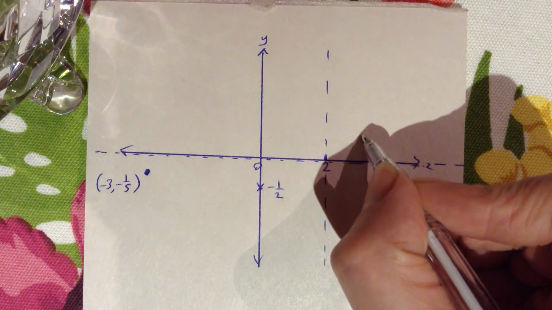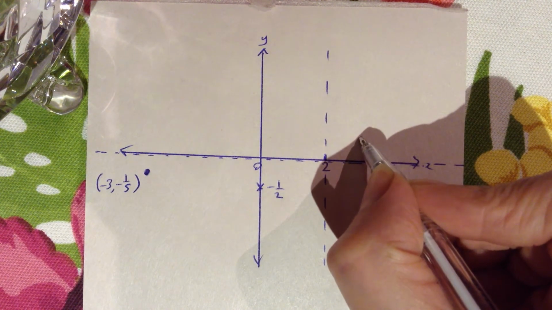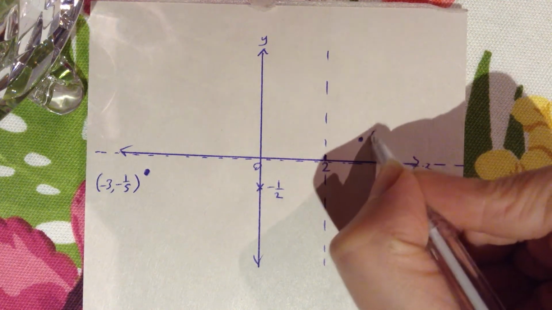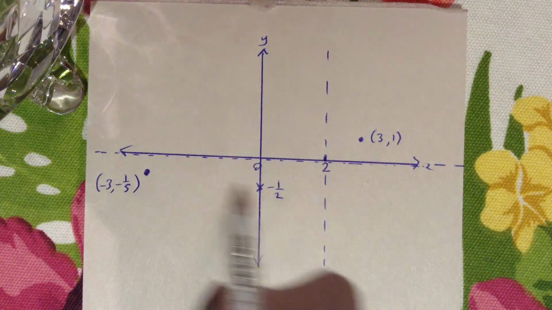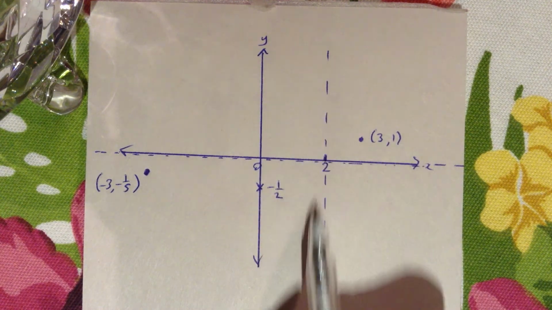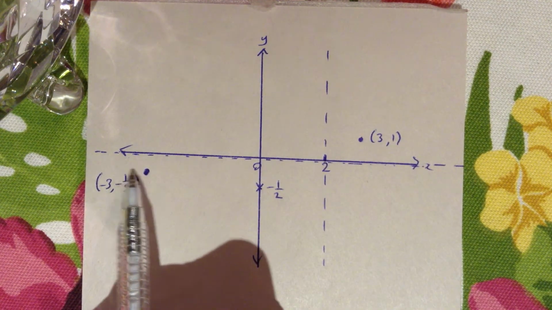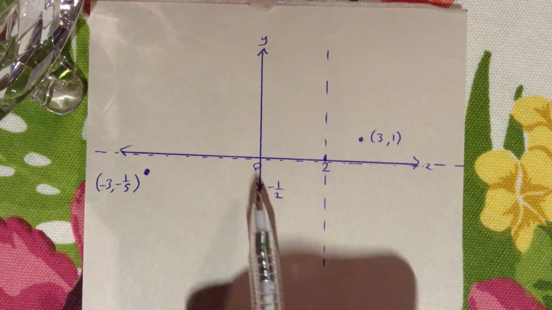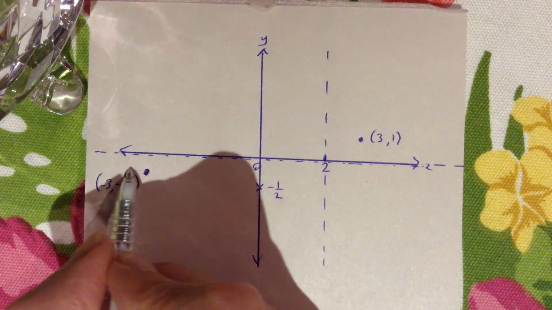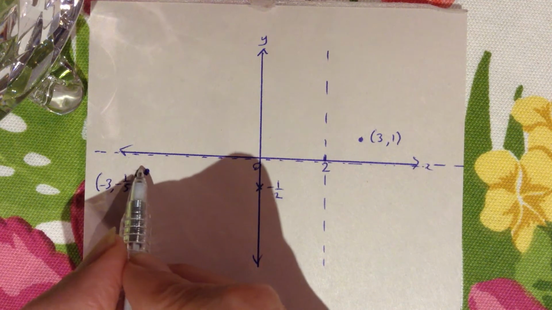So 3, 1. Label that one as well. All right. And the asymptotes are these two. So you can see that your curve is going to approach both asymptotes and go through those points. Now, you can't make your curve go past this point because that's the end of the domain.